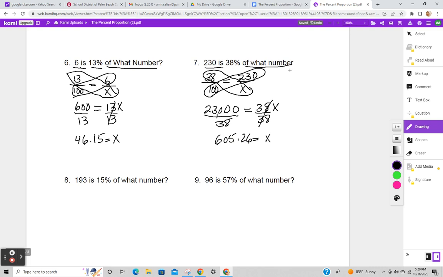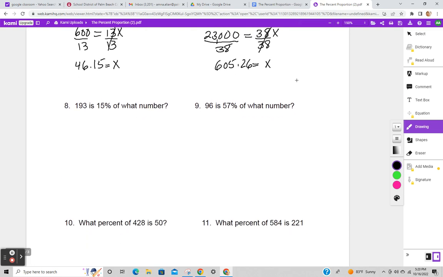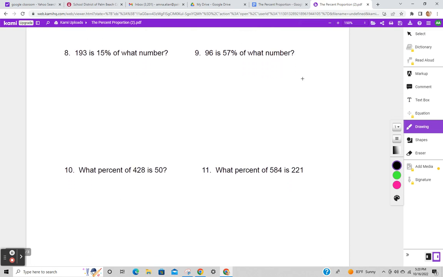Okay, again, pause the video and try the next two because they're similar to 6 and 7. 15% over 100. I have my is. I don't have of what number. I don't have my of. We can take the cross product right now.